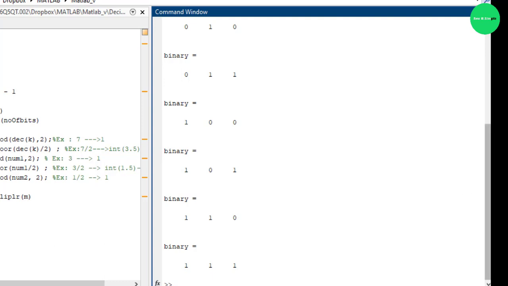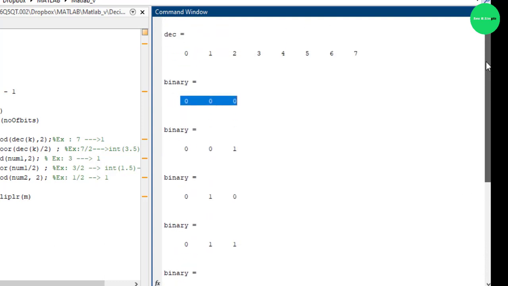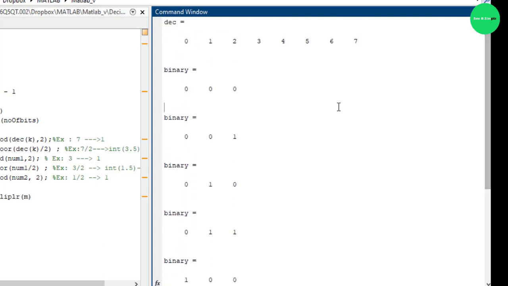So you can see how to convert decimal into binary value.